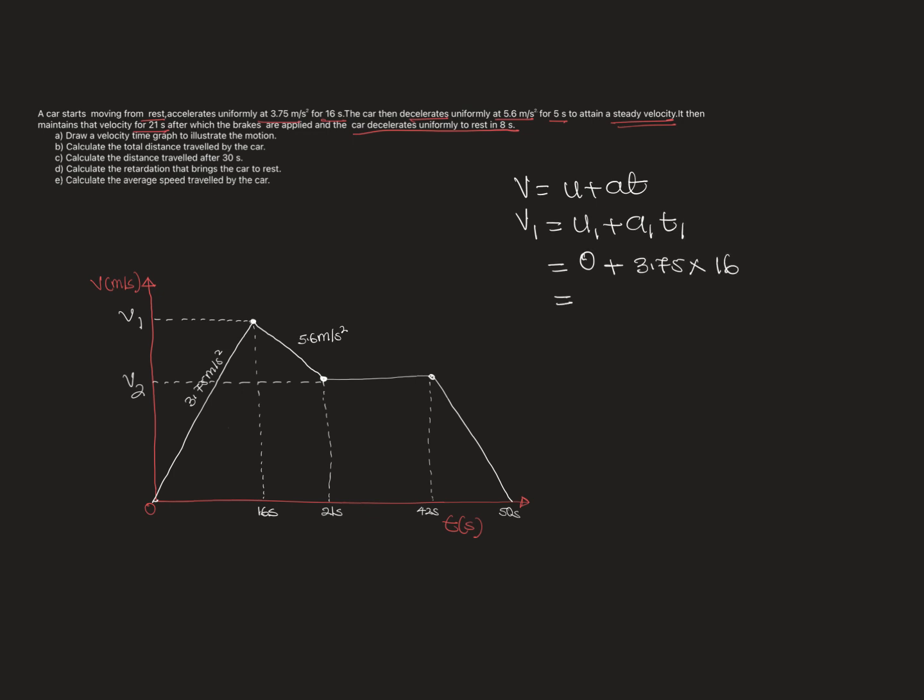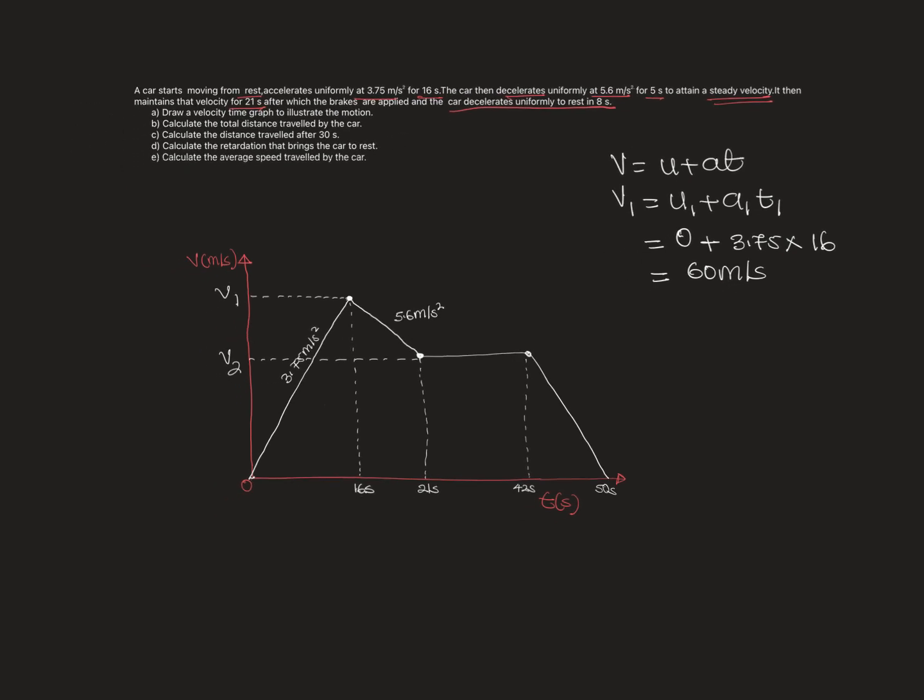This will give 60 meters per second. So instead of having V1, I will just continue and write 60 meters per second.